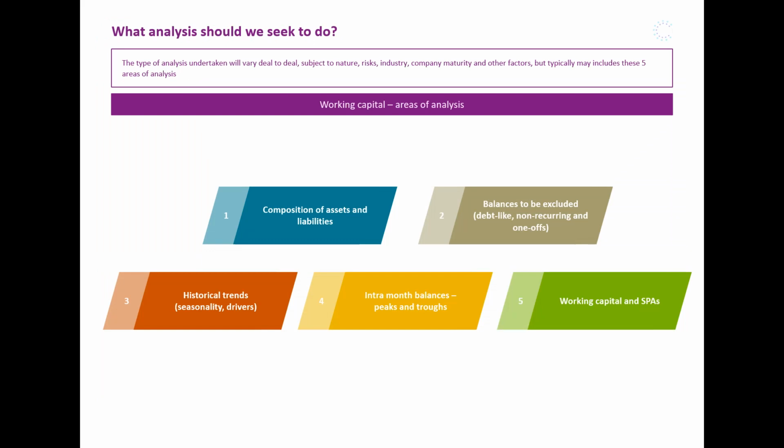We'd prepare a chart, something like that, so we can visually see how that's changing over time. And then we touched on this as well, but it is different in terms of looking at the intra-month balances, and that's essentially where the peaks and troughs are, because that's really important from a working capital perspective as well. If you think about it logically, those are months that you're going to have to fund, right?